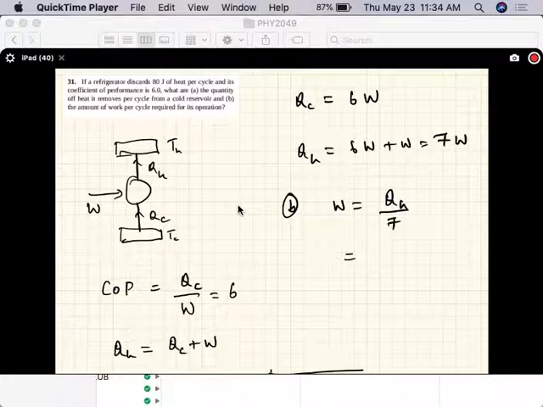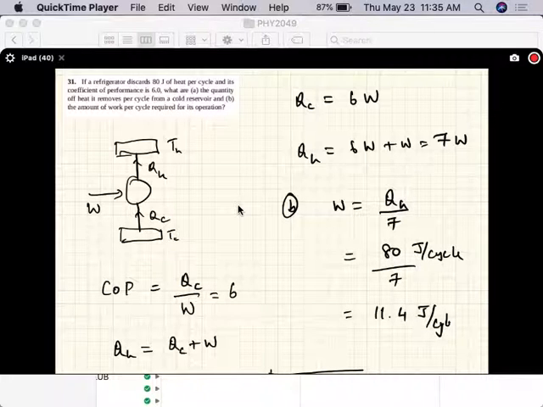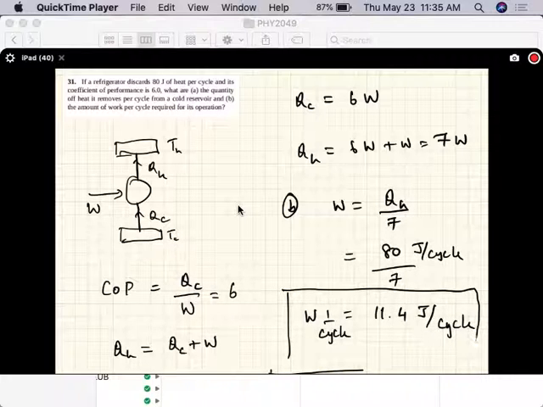So 80 joules per cycle divided by 7 is equal to 11.4 joules per cycle. That's how much work you're doing per cycle. That's your electricity bill.